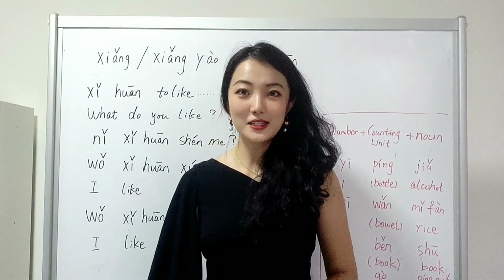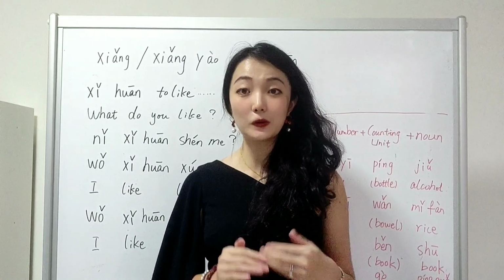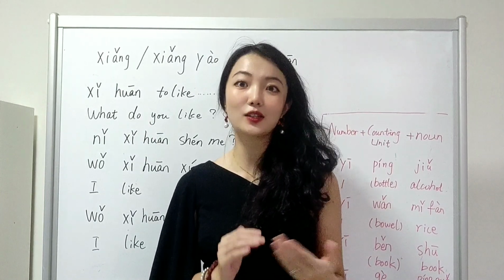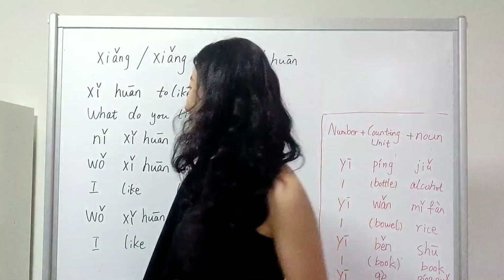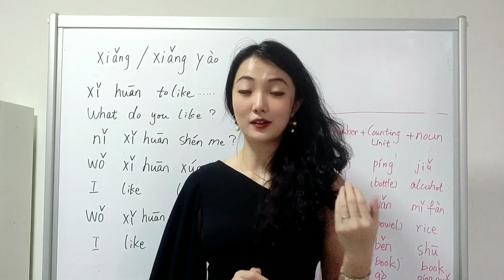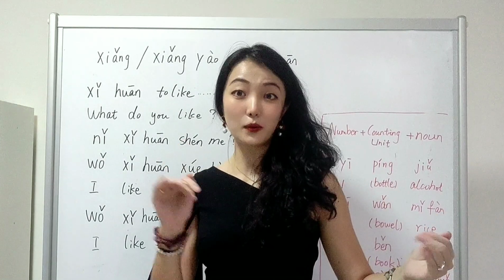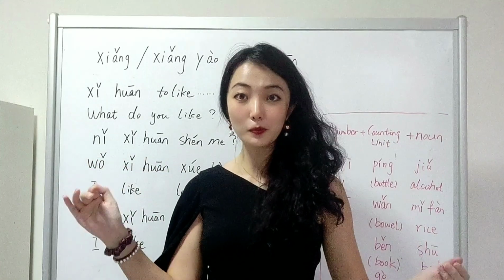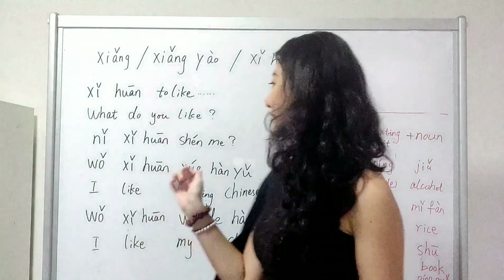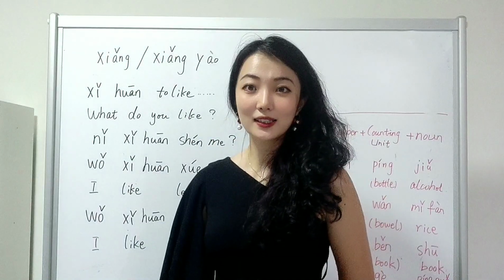Okay, now let's move on to 喜欢. 喜欢 means to like something or to like doing something. The formula is exactly the same as the formula for 想 and 想要: subject plus 喜欢 plus the verbs and plus object. So first question, what do you like?